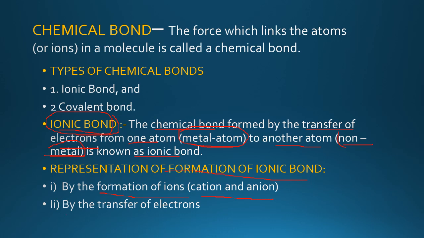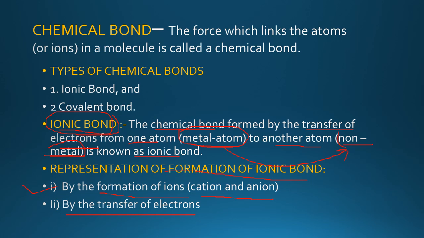Second, by the transfer of electrons, that means transfer of electrons from metal atom to non-metal atom. In this video, I will teach you only the first method, that is by the formation of ions: how the cations and anions form and how they get bonded with each other.